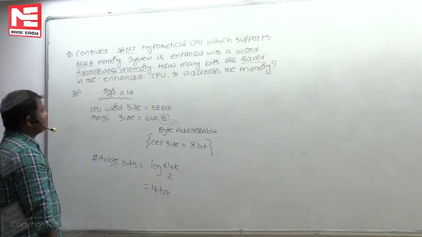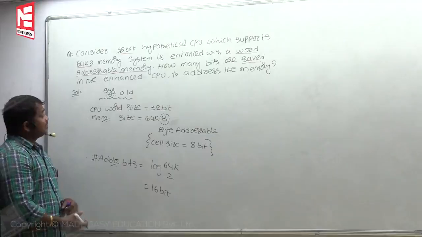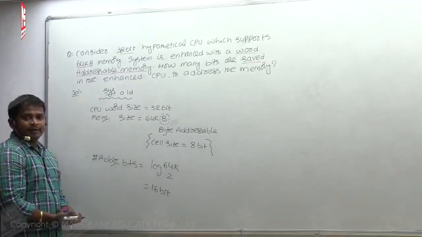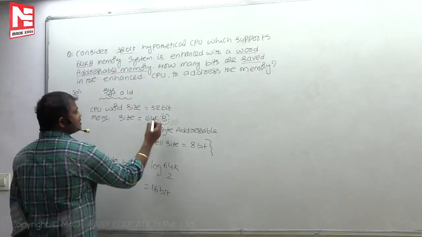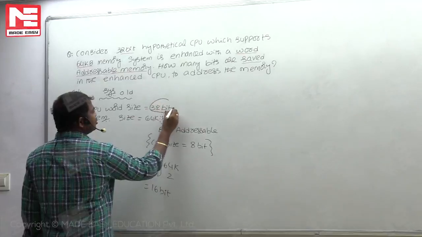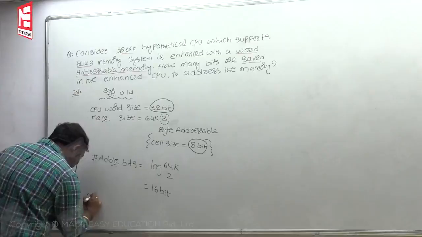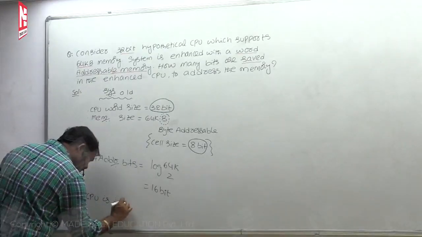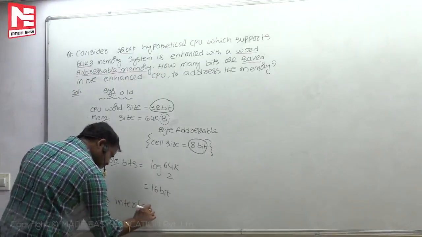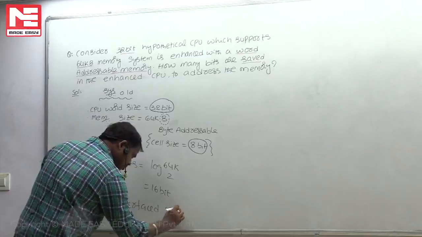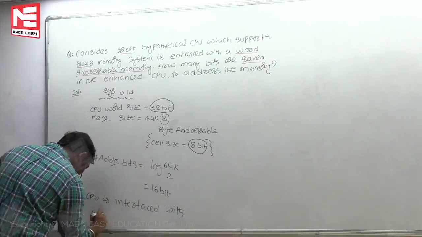Is it okay? This is the old system, a system with byte addressable memory. Here the system word length is 32-bit and the cell length is 8-bit. Therefore, the CPU is interfaced with 4 cells of a memory.